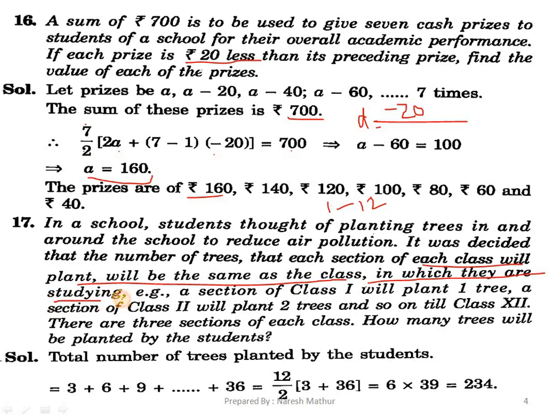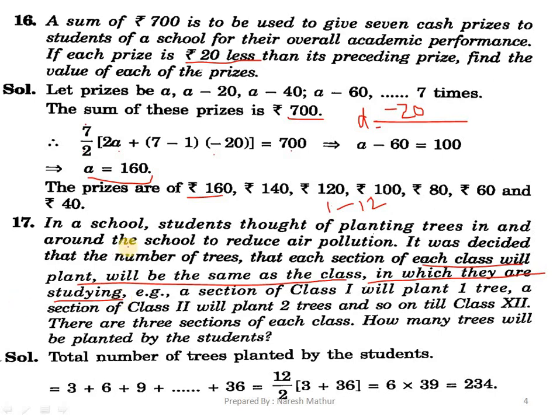It means if the student is of first class, then they'll plant one tree from the one section of the class, and if they are studying in 10th, so they will plant 10 trees per section.